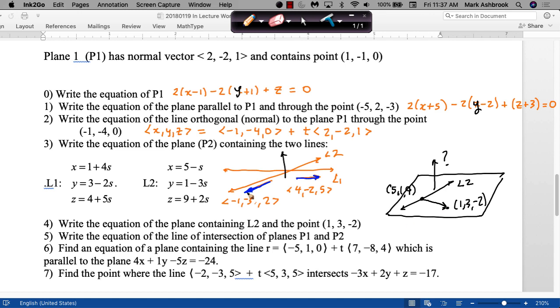L2 is a line, parallel. But I need a vector parallel. Direction vector. Yeah, so I can use the direction vector for L2, -1, -3, 2. I just found two vectors parallel to my plane: the direction vector of the line and a new vector that I made from the point on the line to the other point on the plane. Cross product, boom, got it. Normal vector. Do you follow?